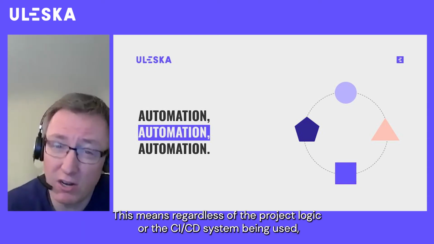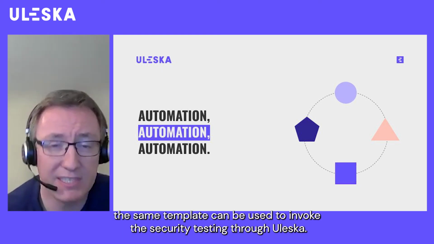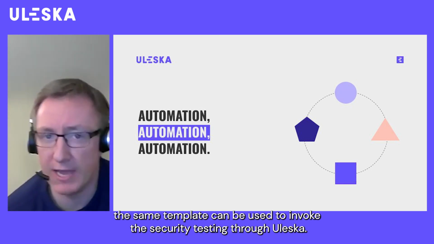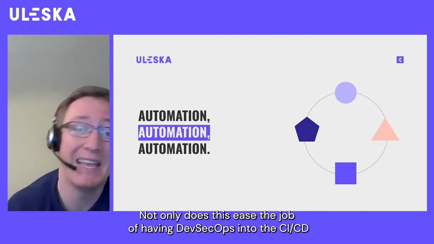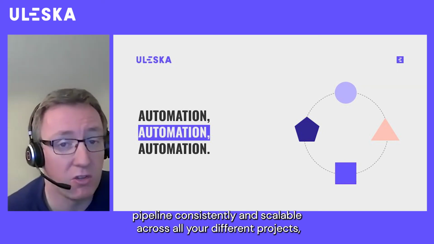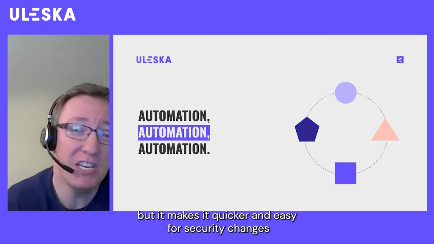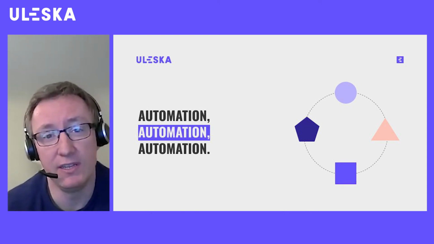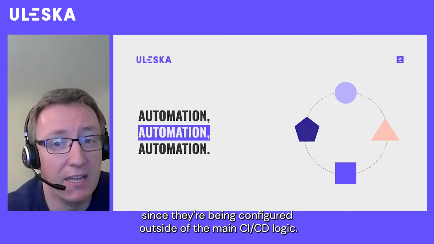Regardless of the project logic or the CI/CD system being used, the same template can be used to invoke the security testing through Uleska. Not only does this ease the job of having DevSecOps in the CI/CD pipeline consistently and scalably across all your different projects, but it makes it quicker and easier for security changes to be made to their logic and which tools are run, since they're being configured outside of the main CI/CD logic.